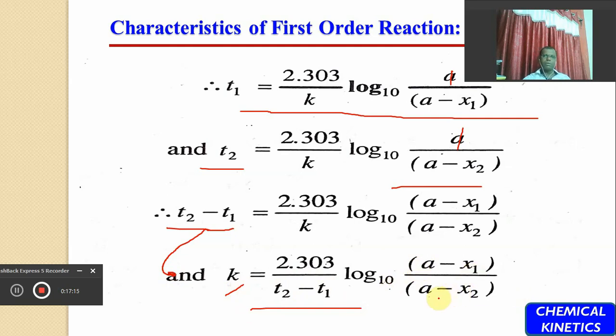It means that we are also able to determine the value of the rate constant of a first order reaction if the two time intervals are provided, or if the two concentrations of the product, or the concentration of reactant reacted, are provided at two different time intervals t1 and t2. If the values of x1 and x2 at t1 and t2 are provided, then we can calculate the value of the velocity constant, or the specific reaction rate, of a first order reaction.